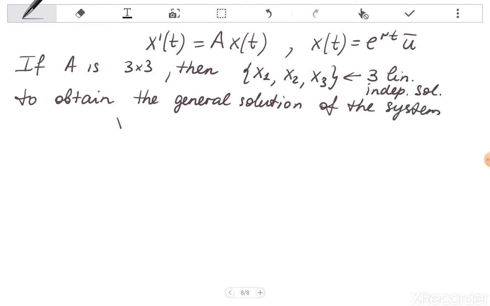And as you remember, the general solution is just a linear combination of these three linearly independent solutions. This is just a reminder from previous lectures.